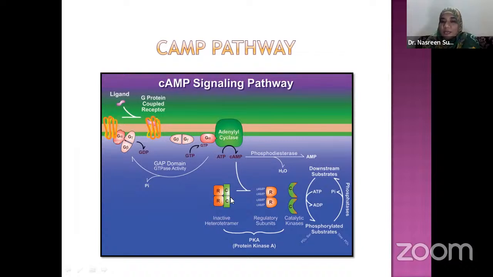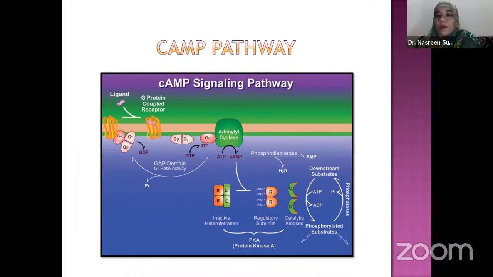So these units get separated, and there will be activation of protein kinase enzymes. Now these protein kinase enzymes will be going and activating, and they are going to alter the protein synthesis in the cell, and thereby the cell function will be altered.